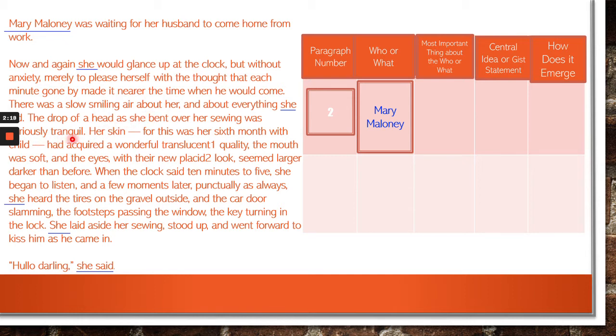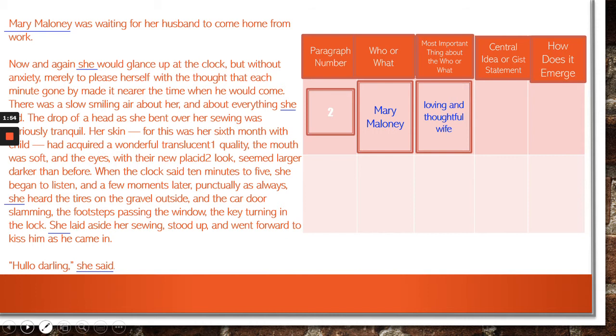She has tranquil skin. It talks about the softness of her eyes. It also talks about how when her husband came in, she laid aside her sewing, she stood, and then when she came in, she said, "Hello, darling." And so after I think about all of that information, I would say that the author is overall letting me know that Mary Maloney is a loving wife.